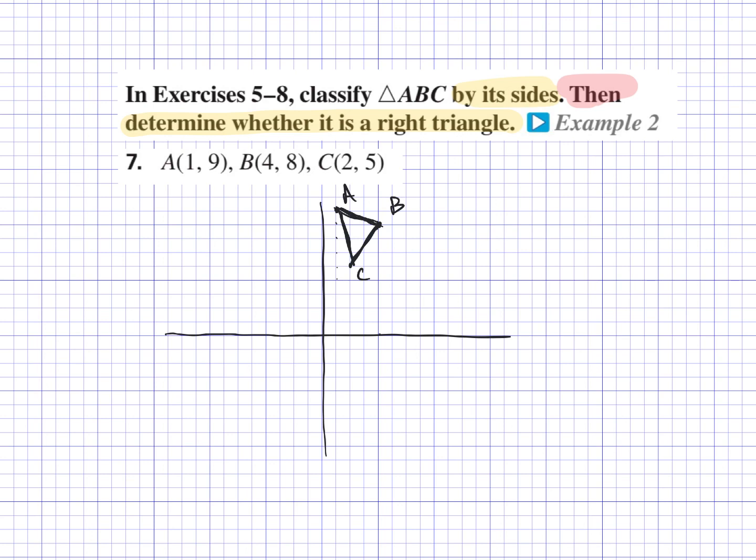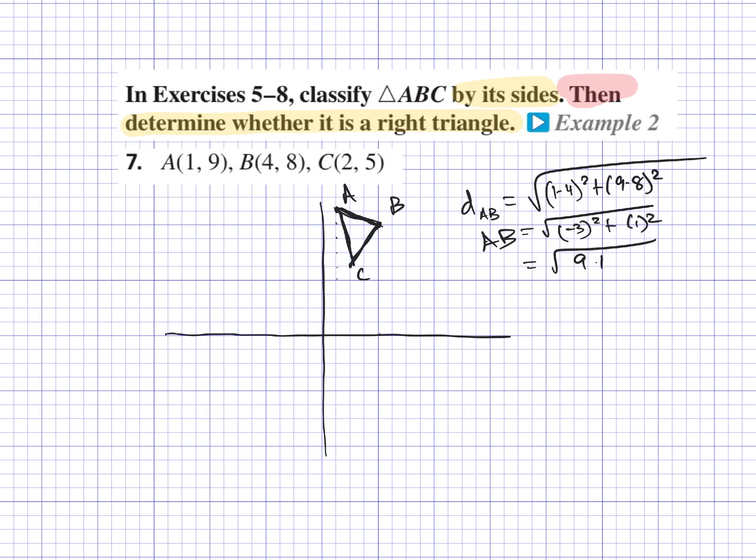So let's do the distance from A to B. So distance formula again, you have to know it. So A to B, so we're going to do x minus x and y minus y. And we get AB is negative 3 squared and 1 squared. So when you square all those, the negatives go away. That's 9 and 1.